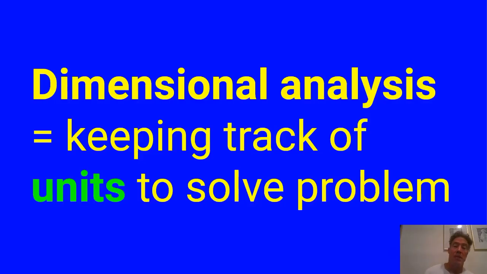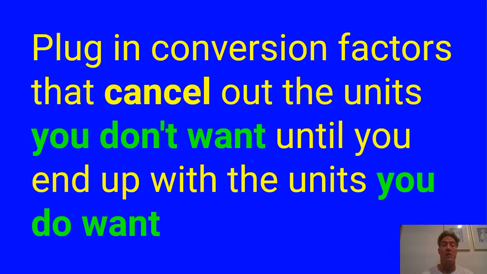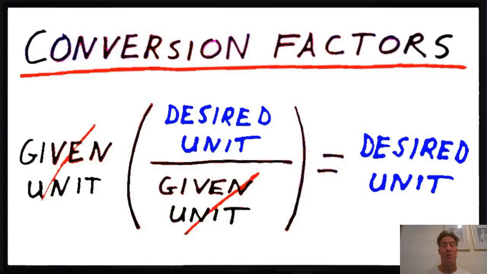So keep track of our units to solve the problems. We're going to plug in conversion factors. Remember, we might have to flip them to get the right thing in the numerator and the right thing in the denominator. But we're going to plug in conversion factors that cancel out the units that we don't want until we wind up with the units we do want. So here's conceptually the idea. You're going to have a given unit, right?